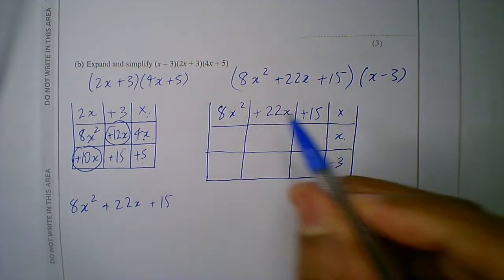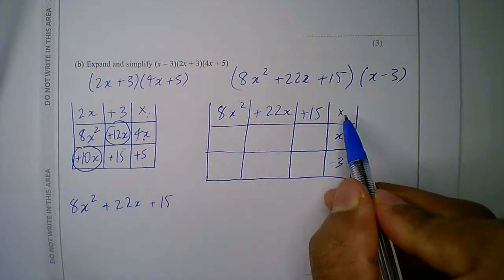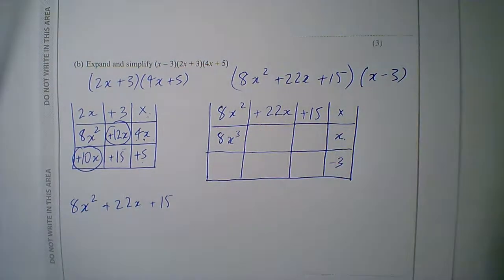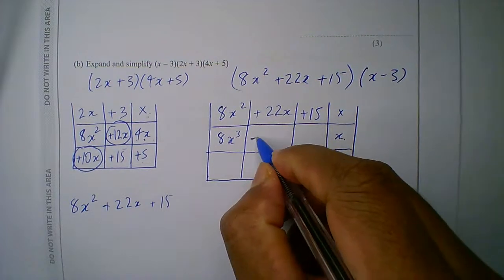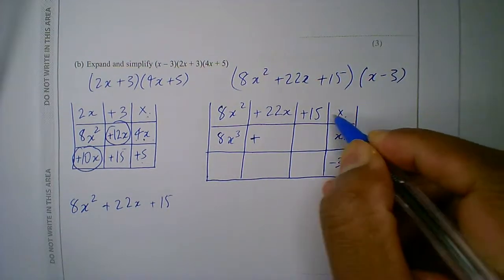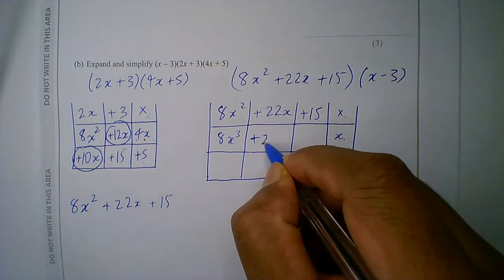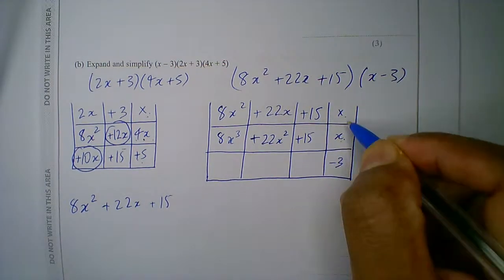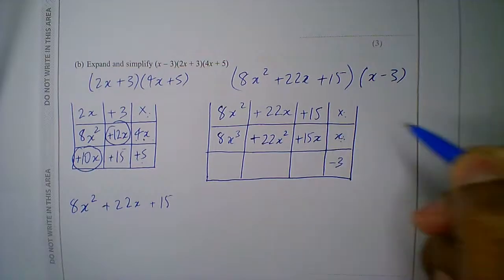x times 8x squared: x times x squared is x cubed, so it's 8x cubed. They're positive. x times 22x becomes 22x squared. This is plus 15. 15 times x is 15x.